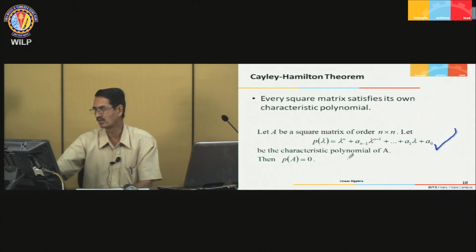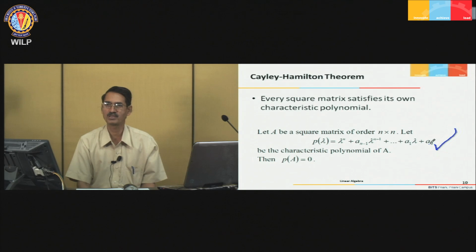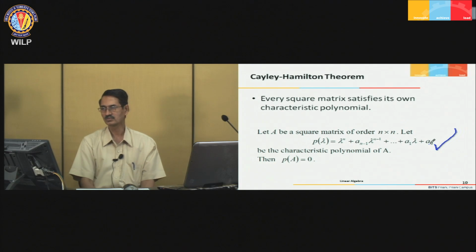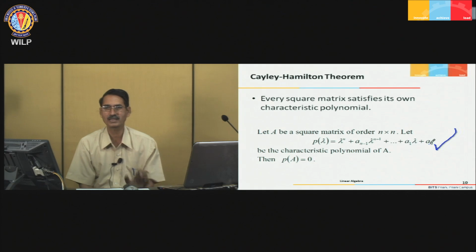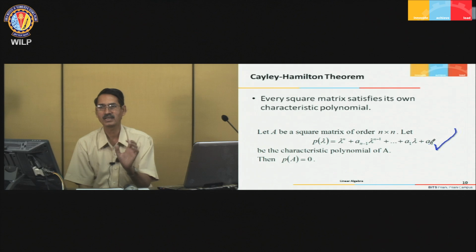So, this P of A means A to the power n plus a n minus 1 into A to the power n minus 1 and so on and so forth, plus a 1 into A plus a 0 must be equal to 0. So, P of A is equal to 0. So, this is also a very important result, that you are supposed to know what is Cayley-Hamilton theorem. Every square matrix satisfies its own characteristic polynomial.